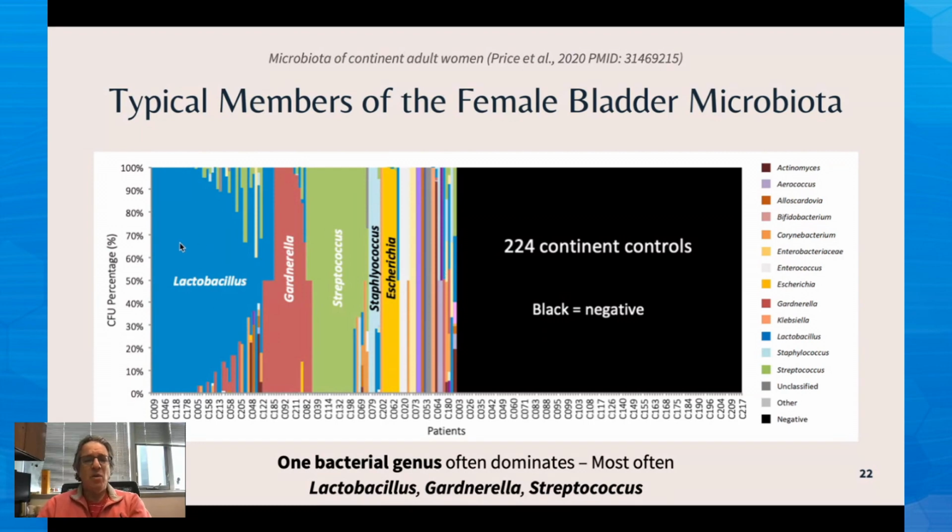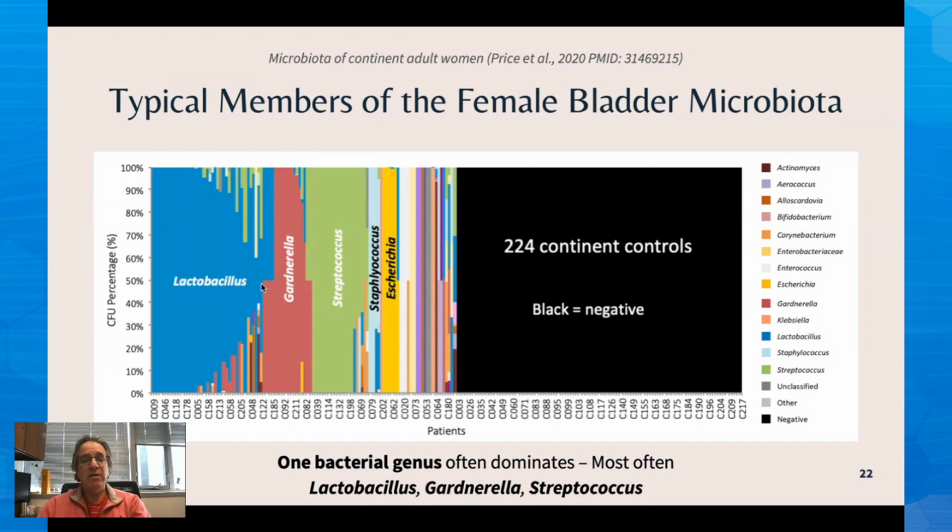In any case, what you see in those that are positive is a predominance of Lactobacillus, followed by Gardnerella, Streptococcus. Here's some Staph. Remember, these are asymptomatic women. They're mostly perimenopausal, right? So they're older women. Here are people who are almost entirely colonized by E. coli, right? But they have no symptoms.